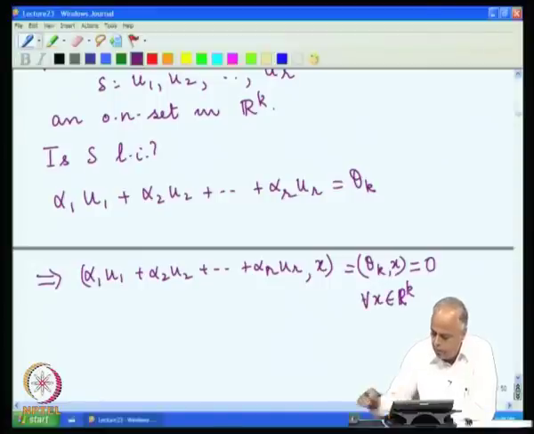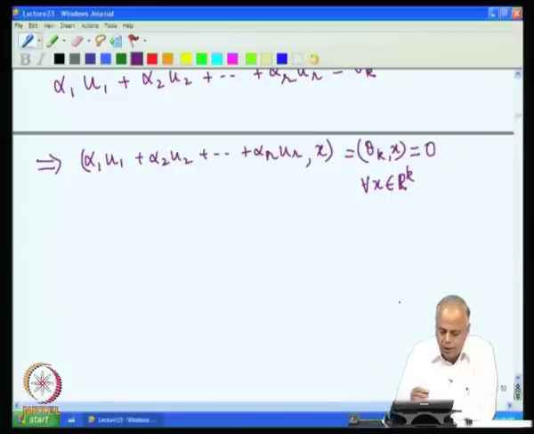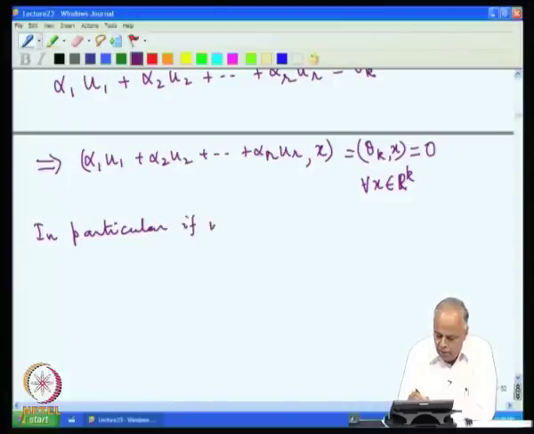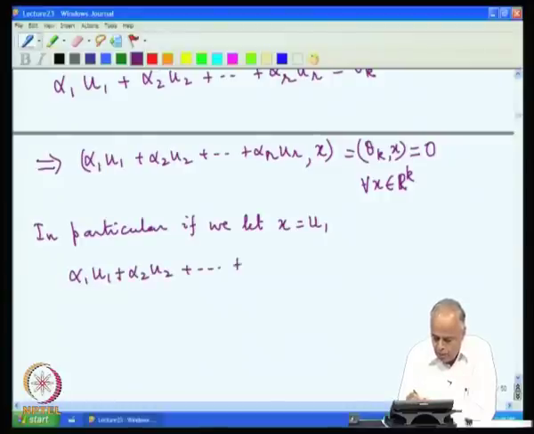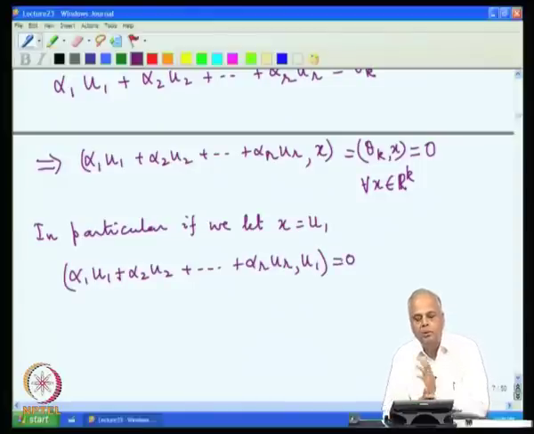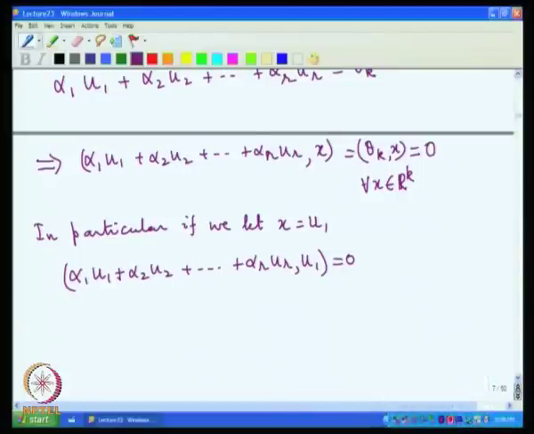Now, in particular, if we let x equal u1, what do we get? We get that the inner product of alpha1 u1 + alpha2 u2 + ... + alpha r ur with u1 must be equal to 0, because this inner product is 0 for whatever x I take, and in particular I have taken x equal to u1.